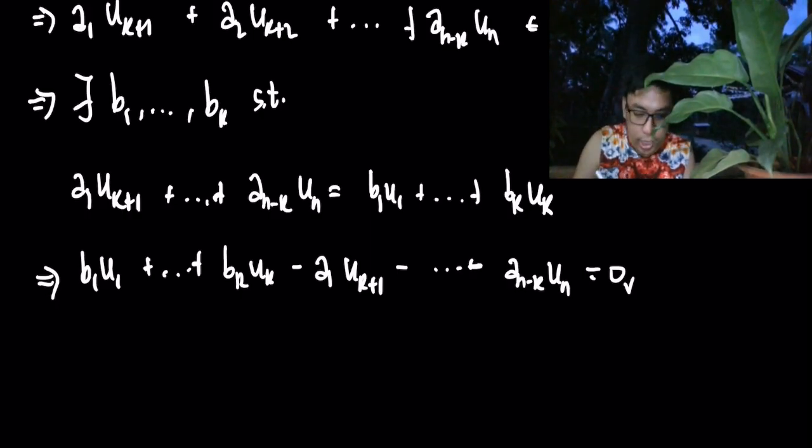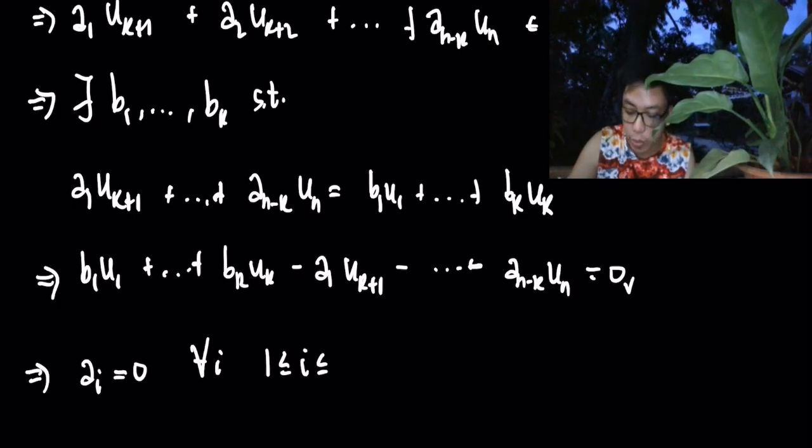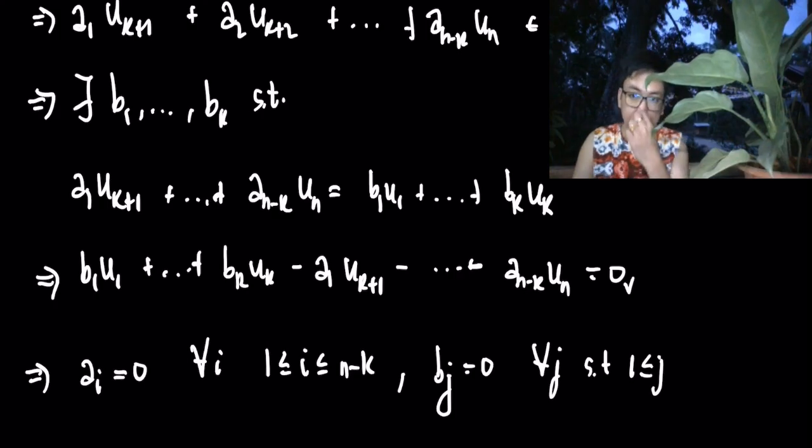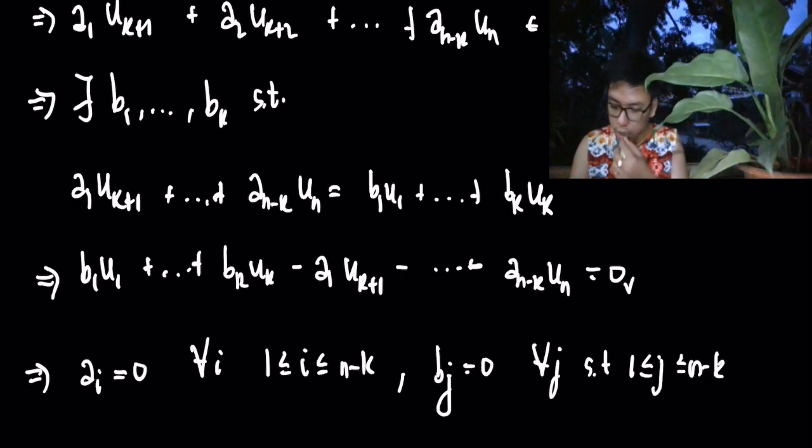So since S here is a set of linearly independent vectors, this simply tells us that all AI here are 0 for every I such that 1 is less than or equal to I, less than or equal to N minus K. And this also implies that Bj is 0 for all j such that j is greater than or equal to 1 but less than or equal to N minus K. I'm sorry, let me correct.